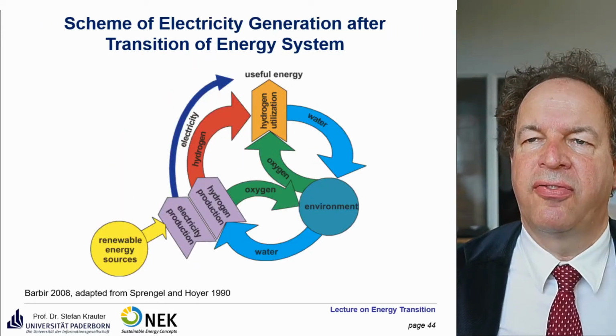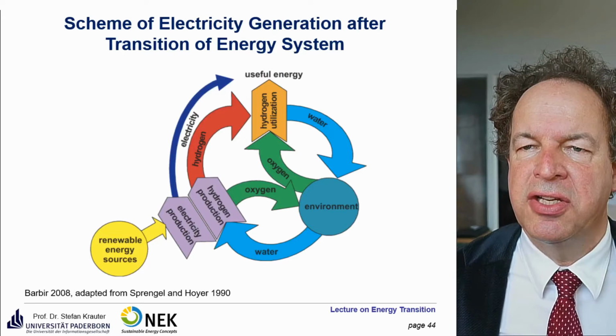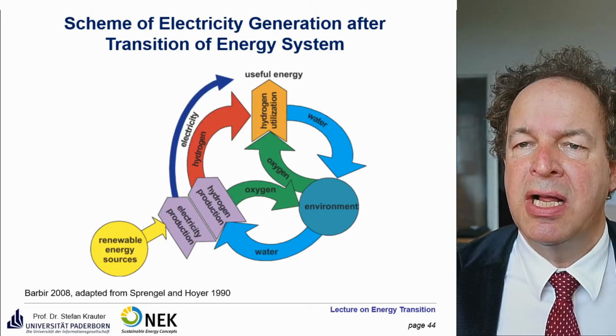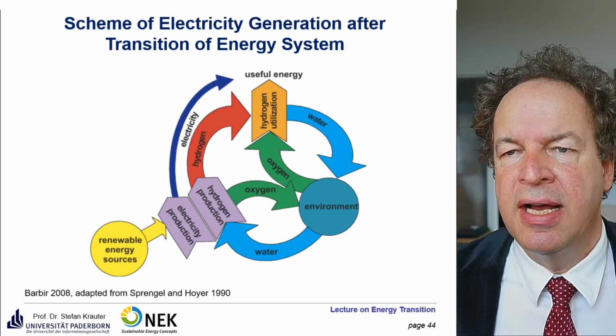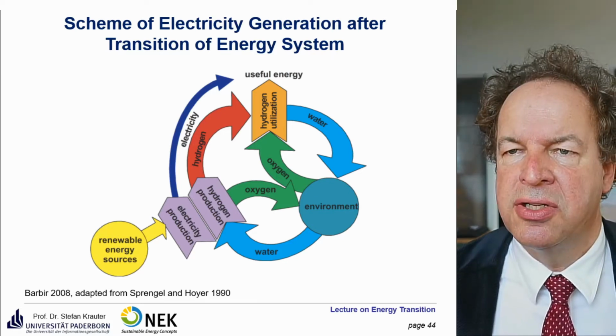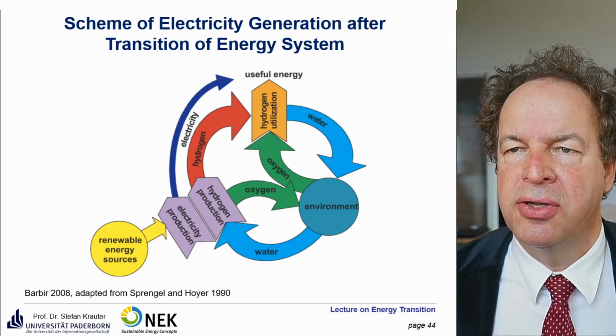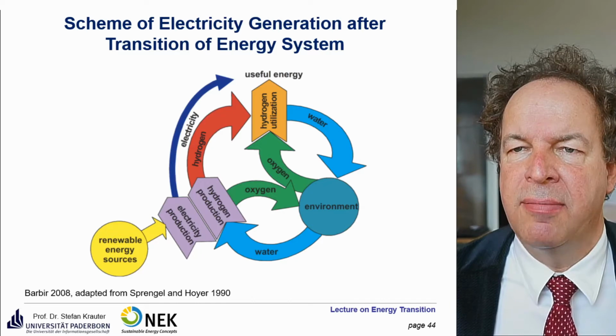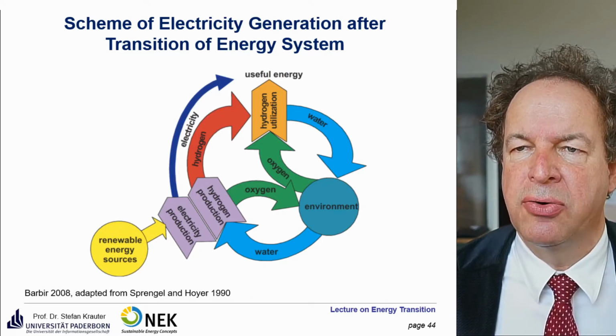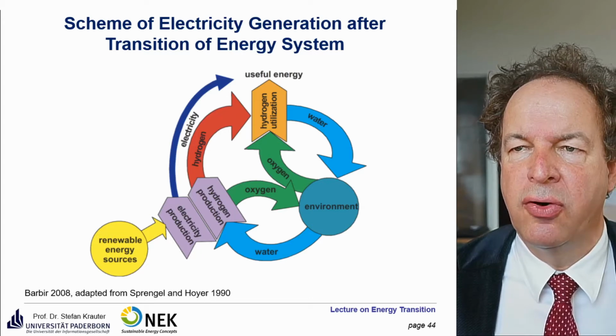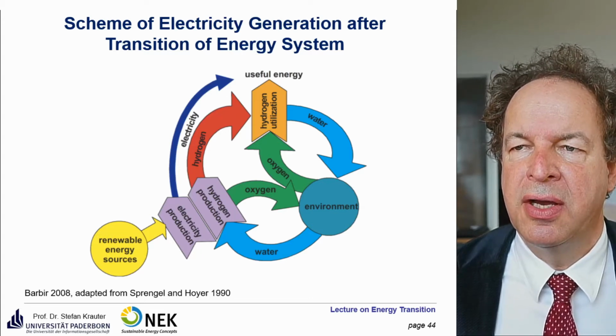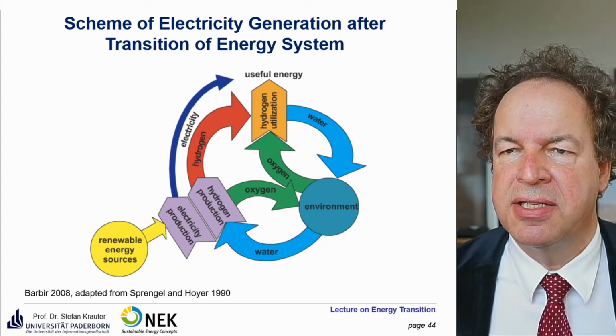If we have a sustainable use of energy, we use renewable resources of energy, and we generate electricity without that heavy impact on the environment. So we think in a cycle and take a look at what's left over, and if we think in a sustainable way, there is not much left.